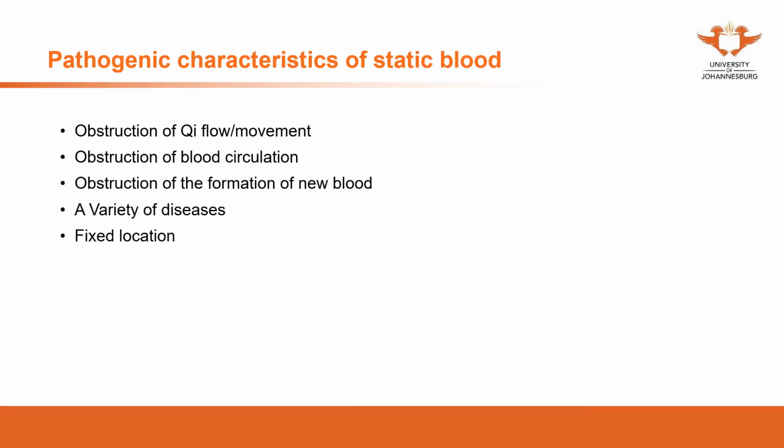And next we're going to discuss the characteristics of static blood. It is very important that we know these characteristics, because once you understand them, you can figure out the pathogens.